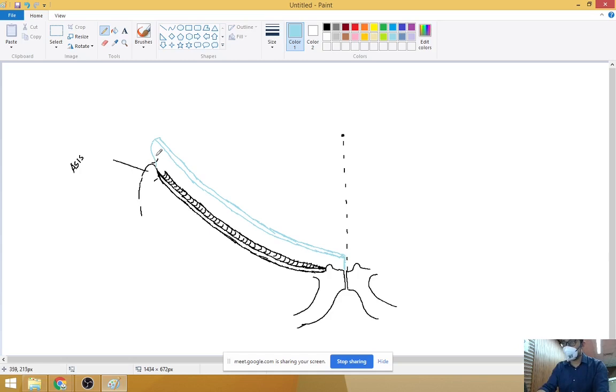So this is the external oblique muscle. See, below that is the inguinal ligament, and in front this is the external oblique.